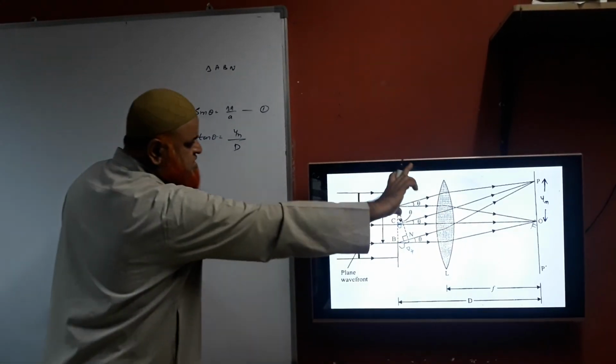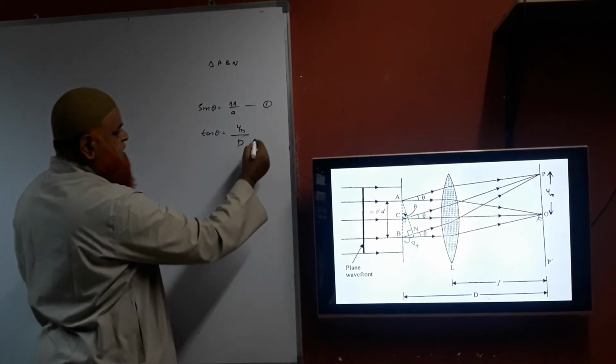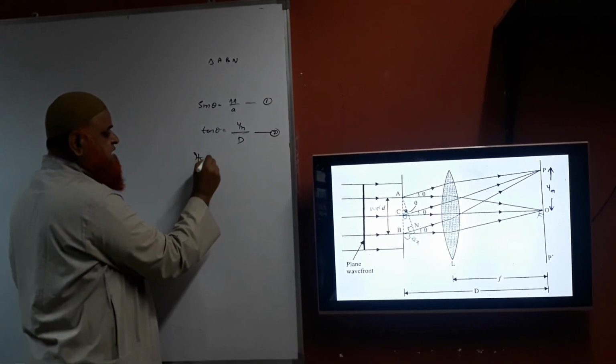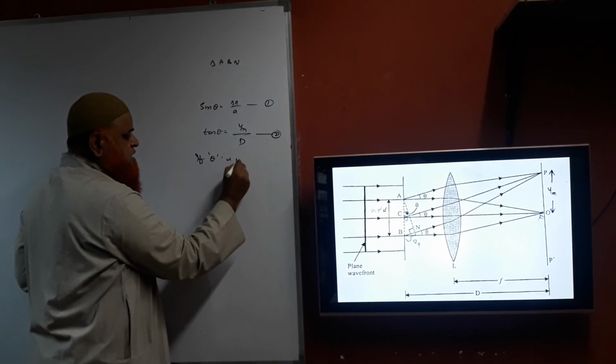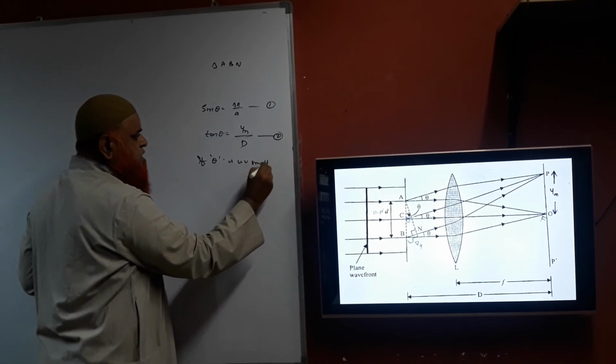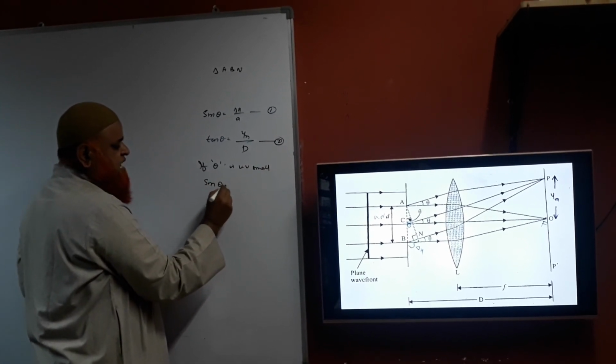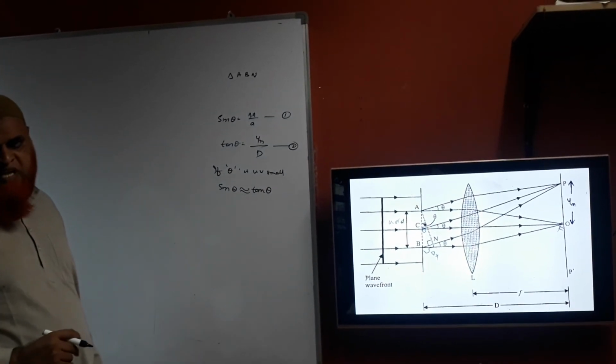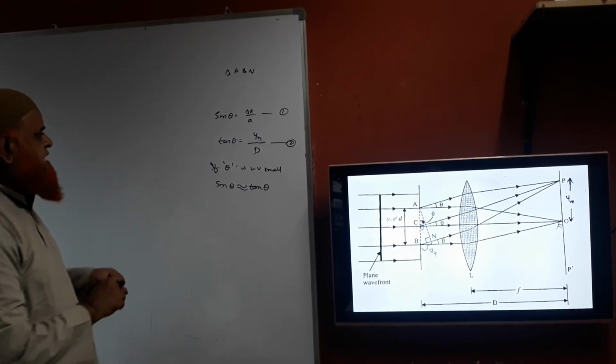So this is about sin theta and tan theta. Tan theta is equal to opposite side by adjacent side, which is taken as capital D here. This is equation number 2. Next, if theta is very small, you can write sin theta is approximately equal to tan theta.